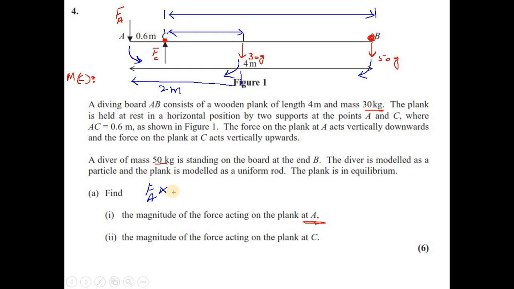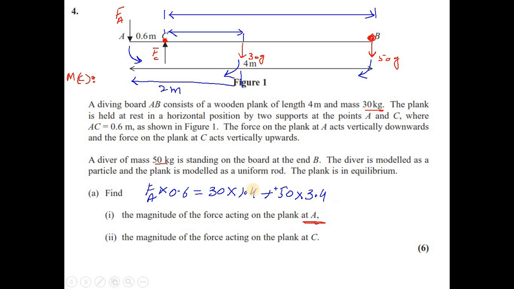So you can say that FA times 0.6 meter, this is the anti-clockwise moment, equal to the clockwise moment, and the clockwise moment will be 30 times 2 minus 0.6, which is 1.4, plus the moment due to 50, so 50 times 3.4.